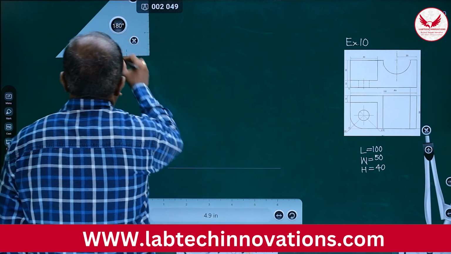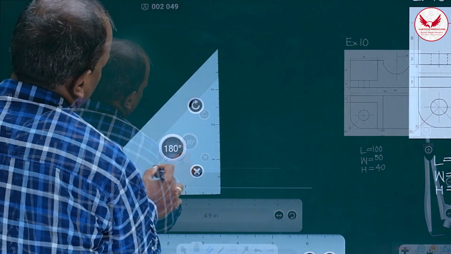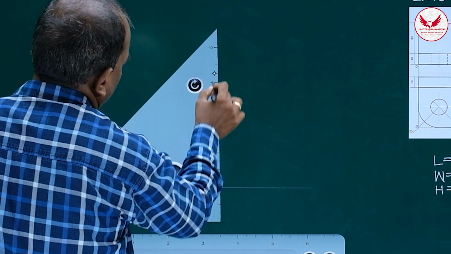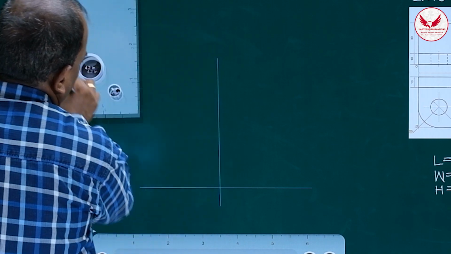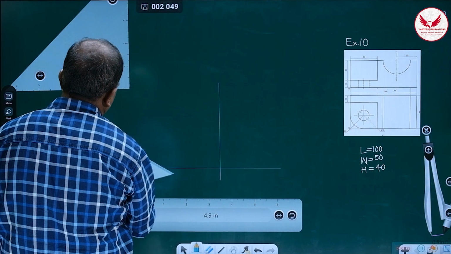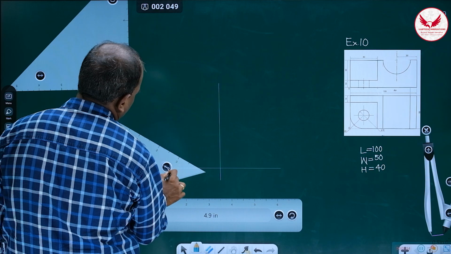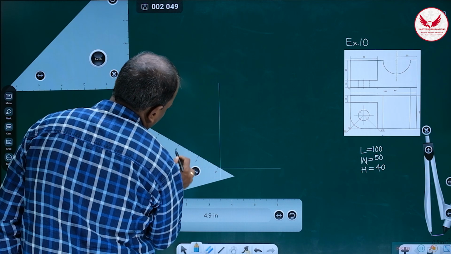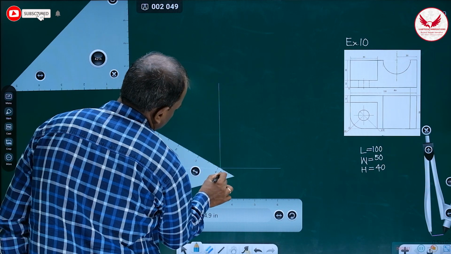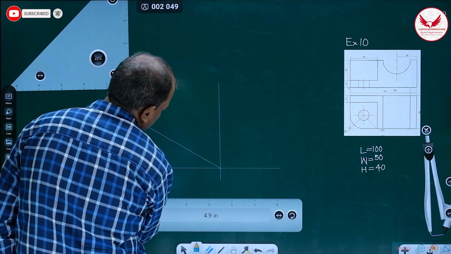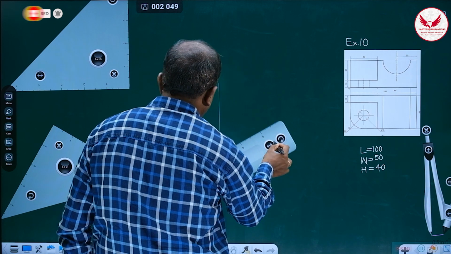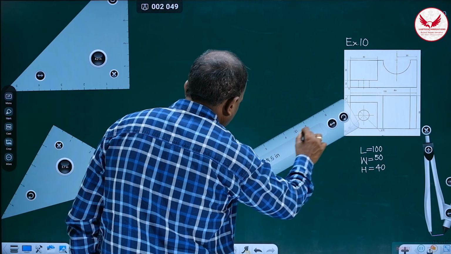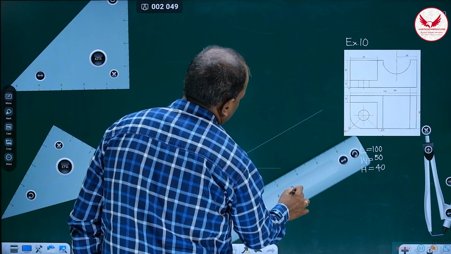Draw the horizontal line, then the vertical intersecting line, then immediately mark a line at an angle of 30 degrees towards the left, and on the right hand side as well.